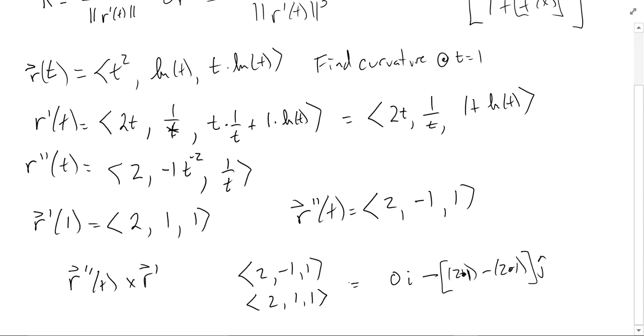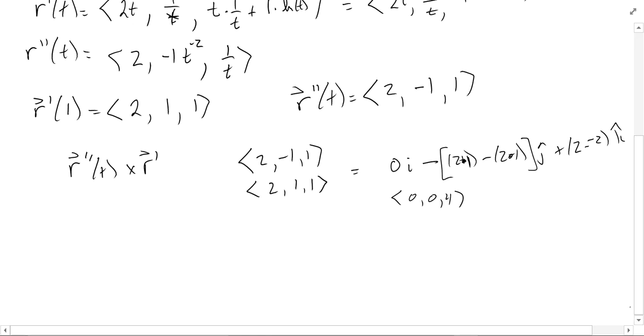And then the k component will be 2 times 1, but then that other diagonal is going to be a minus 2, so I have to subtract a negative 2. So that looks like it is just 0, 0, 4. And the magnitude of that, guess what the magnitude is? That's just going to be 4.